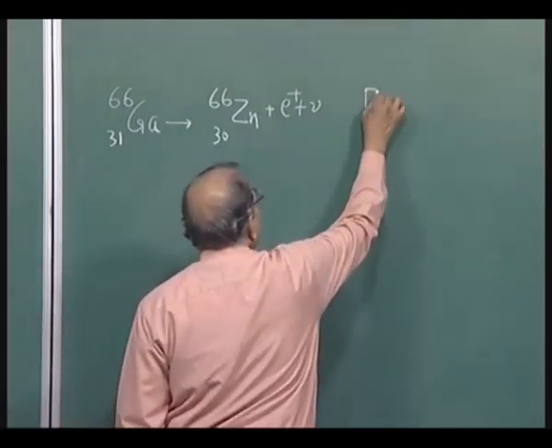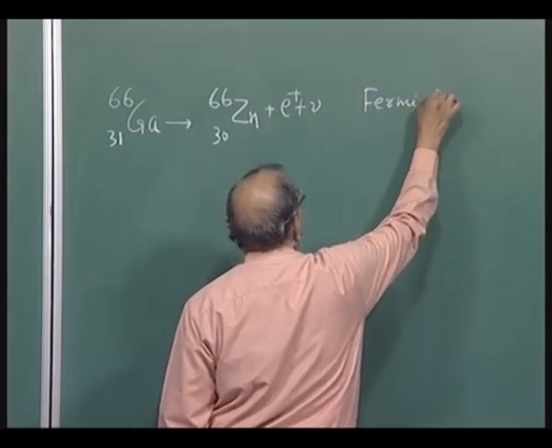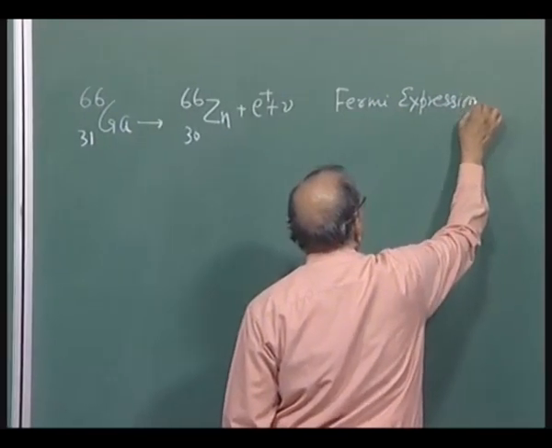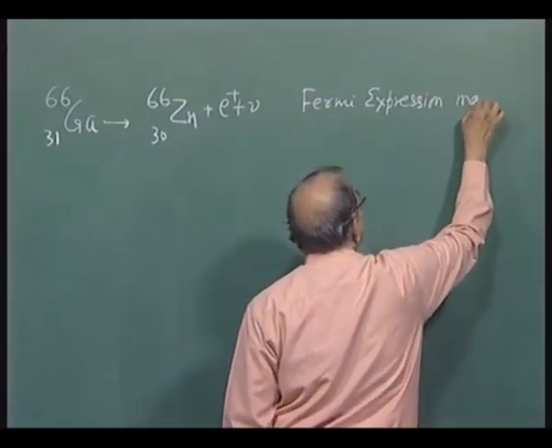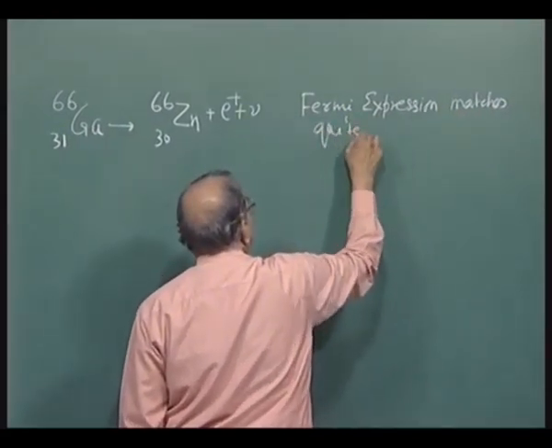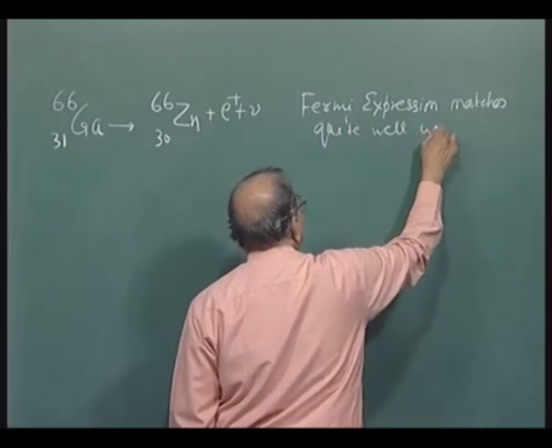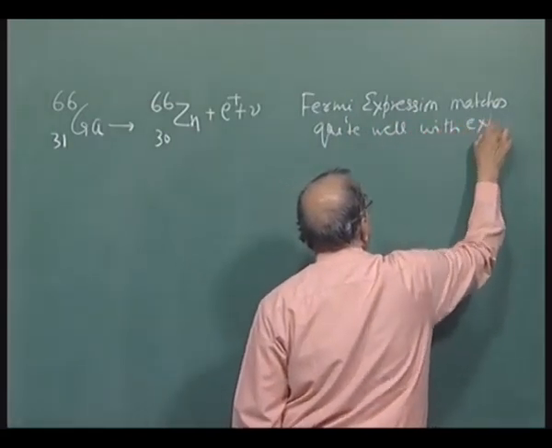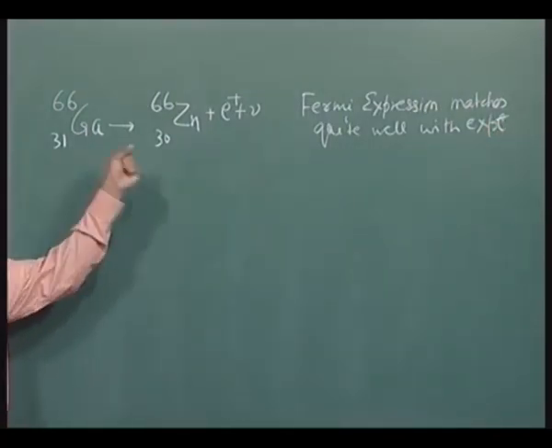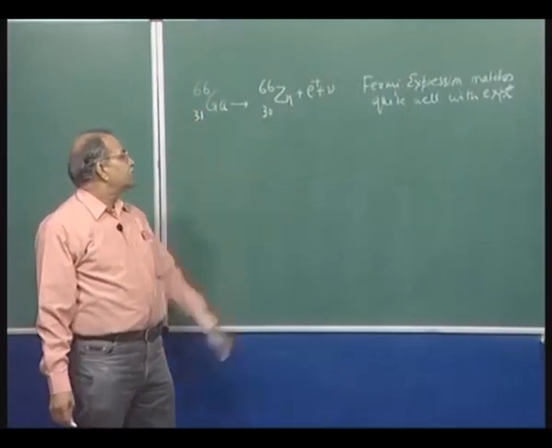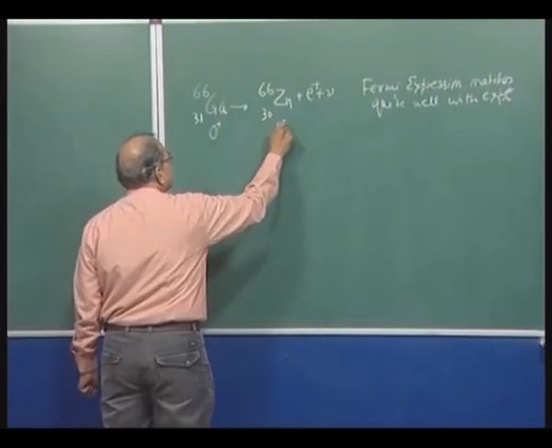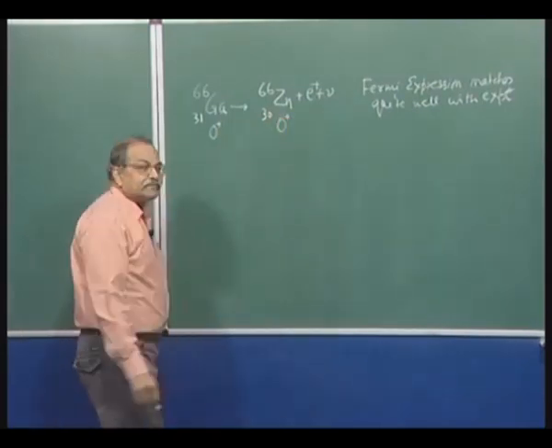So, here Fermi expression matches quite well with experiments. If you look at the spin parity of these nuclei, the parent nucleus and the daughter nucleus, this is a 0 plus state and this is also a 0 plus state.